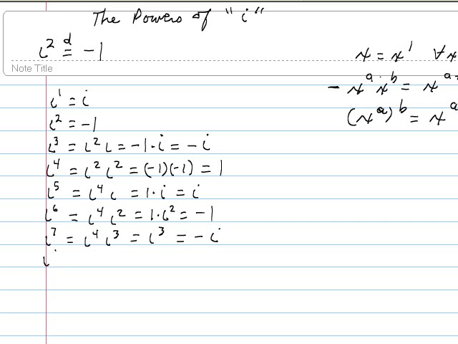And i to the 8th power would be i to the 4th times i to the 4th, which would be 1 times 1, which would be 1, which takes us right back to i to the 4th power.